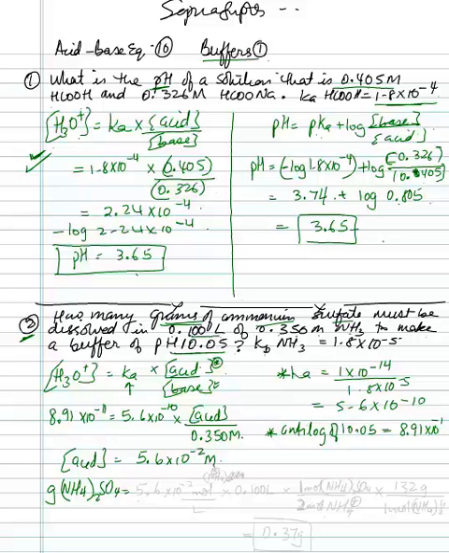This is going to be equal to, and we start with what we know, which is 5.6 times 10 to the negative 2, and I'm going to write my units out: moles over liters. And how many liters do we have? We have 0.100 liter, and now I'm going to convert my moles, and so this is ammonium sulfate.